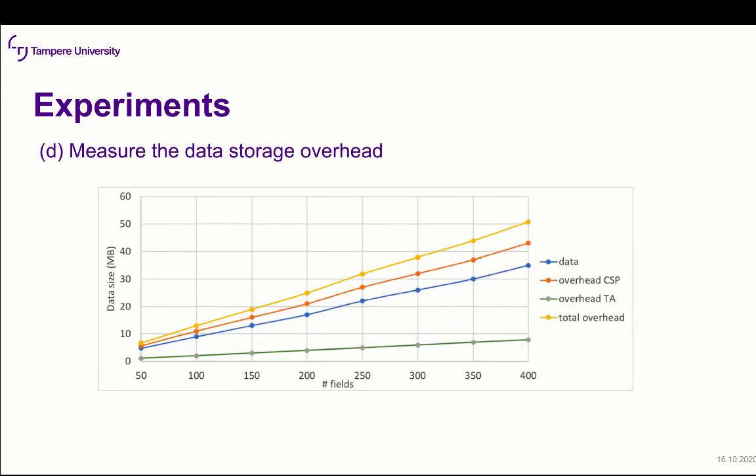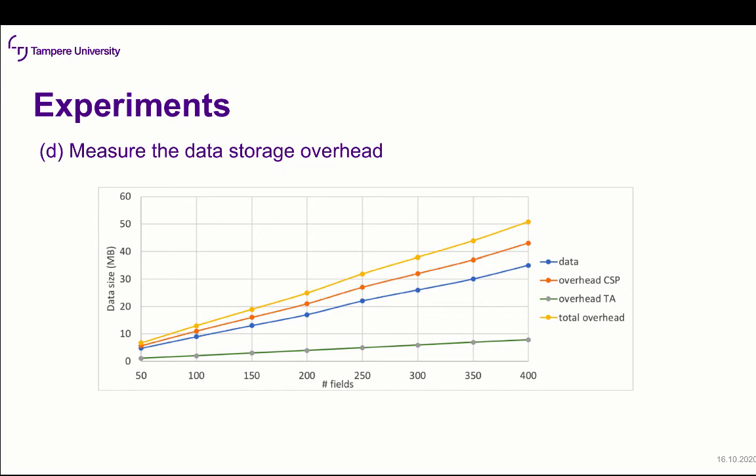And finally, we measure the data storage overhead of the scheme compared to storing plain text data. The blue line is the size of the data in plain text, and the green line is the overhead at the trusted authority.